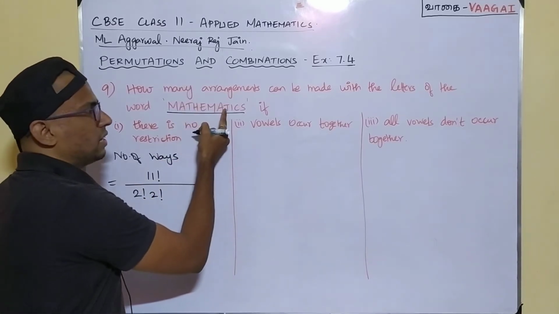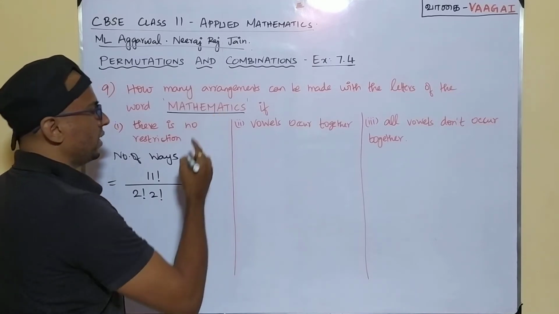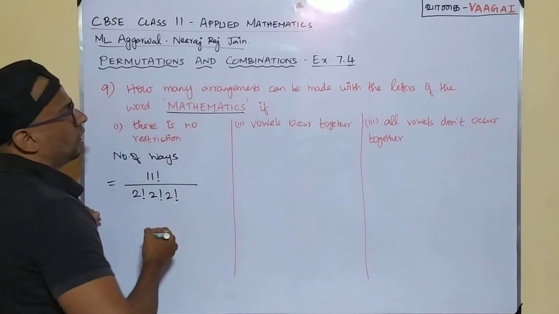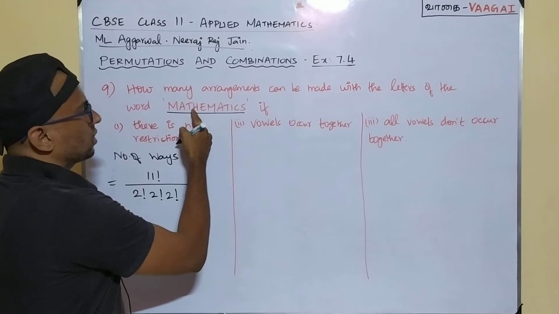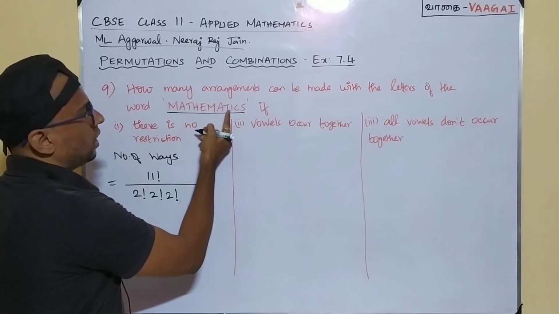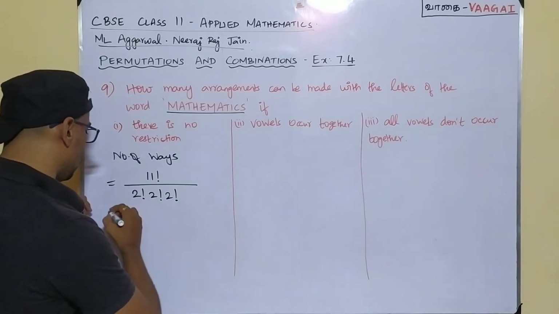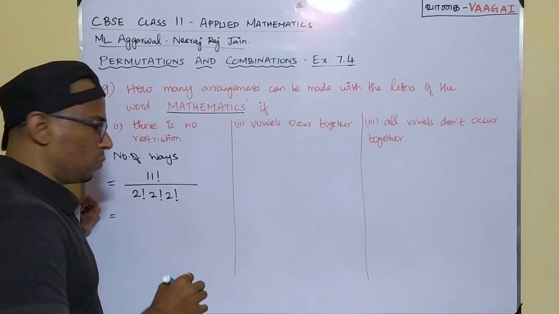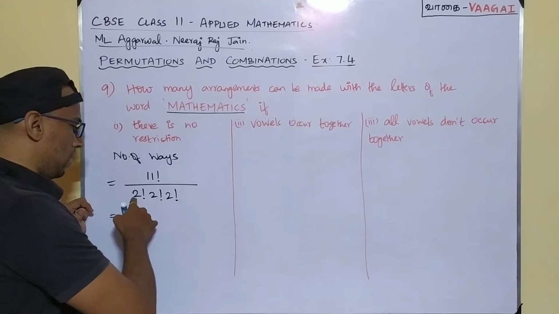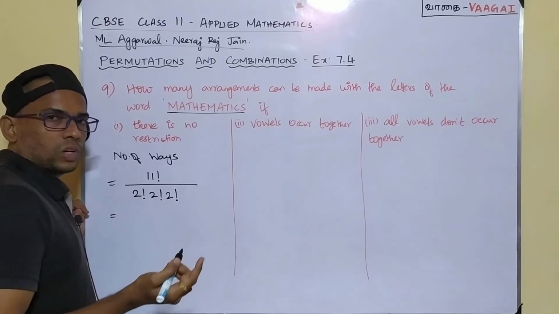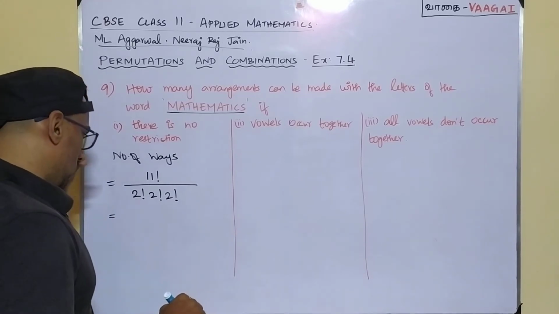And T is appearing twice, again 2 factorial. Any other letters repeating? The other letters are H, E, I, C, S. No, there's no repetition. So our answer is equal to 11 factorial by 2 into 2 into 2, because 2 factorial is 2 only, right?